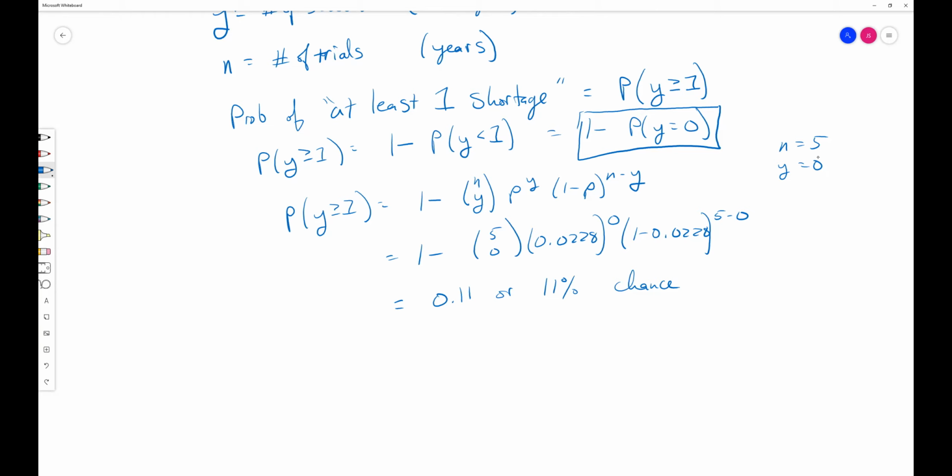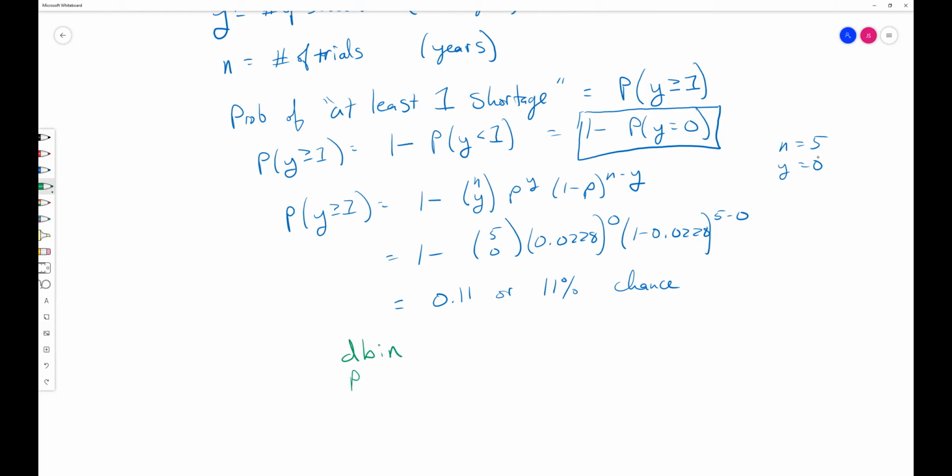Now, how do we do this in R? So we talked about how to calculate the normal distribution in R. Well, in R, the binomial distribution is, actually, let me just erase that. We use functions such as d, so d is density, dbinom for binomial.